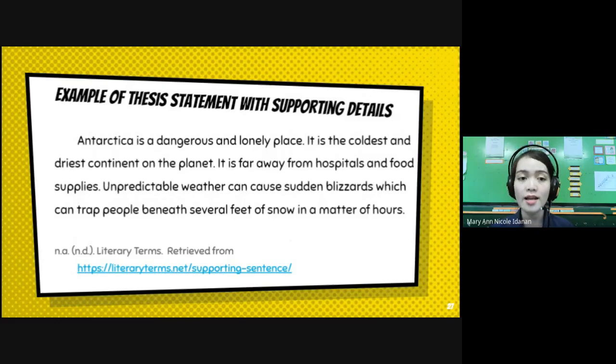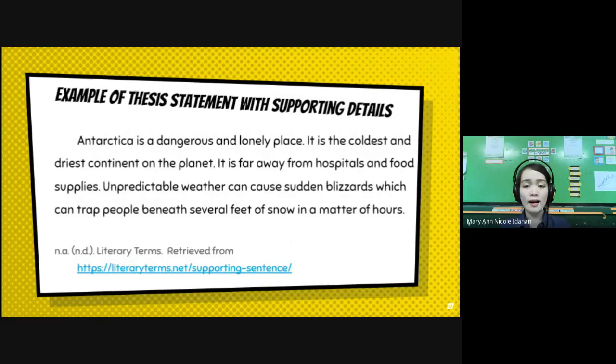So the reasons are these. First, it is the coldest and driest continent on the planet. It is far away from hospitals and food supplies. Unpredictable weather can cause sudden blizzards which can trap people beneath several feet of snow in a matter of hours. So that is his thesis statement.